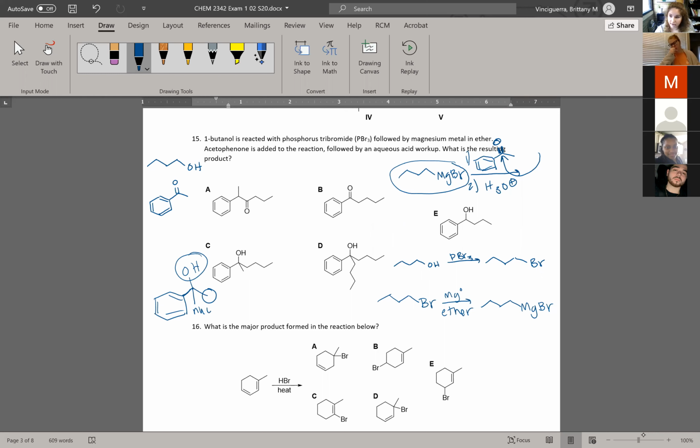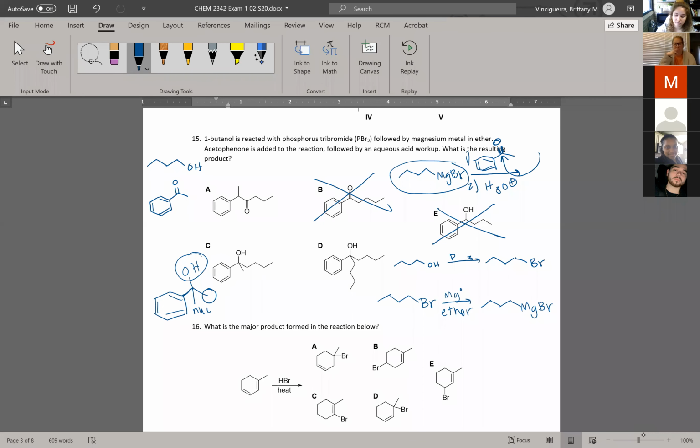C is the only one that actually has it, but E should be crossed out because it wouldn't have enough carbons. It also doesn't even have enough carbons from the Grignard. Notice there are 3 carbons here. So E just isn't even close. Both B and A still have a ketone, so get rid of B. A doesn't even make sense because the ketone has been removed from the benzene ring.